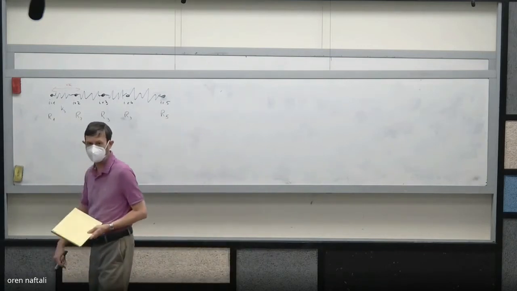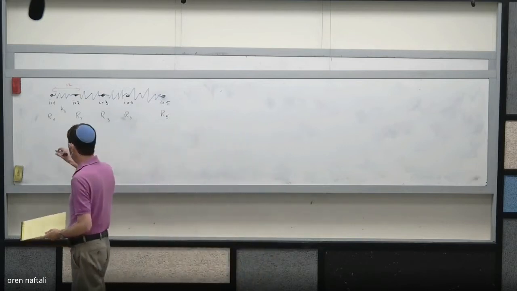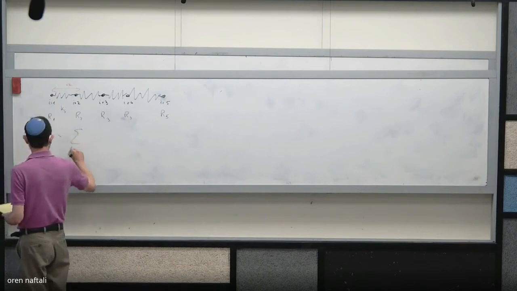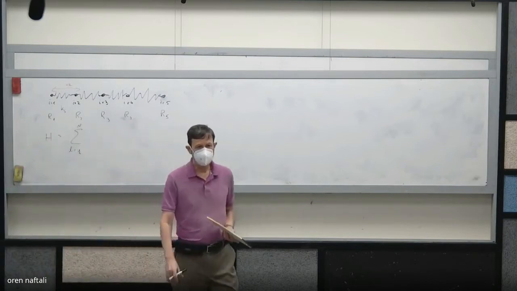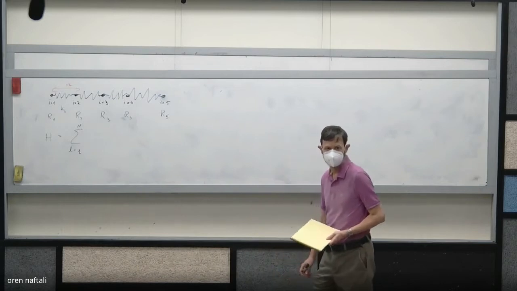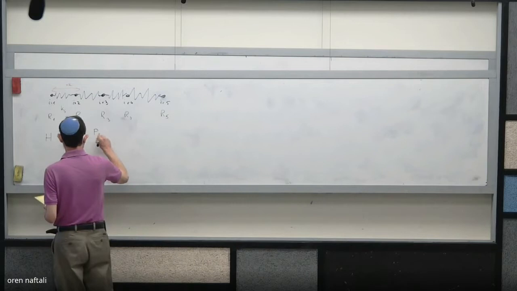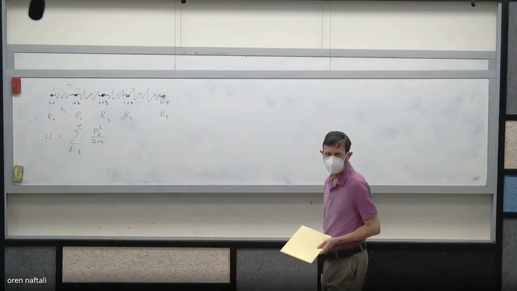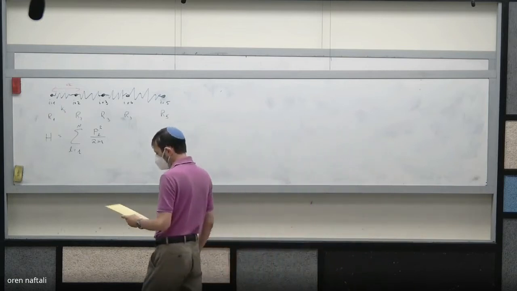What will be the Hamiltonian of the thing? Classically, let's assume that we have n masses, where P is the momentum, and we assume all masses are equal, therefore it's n.